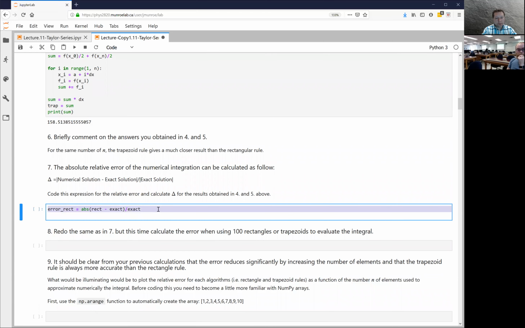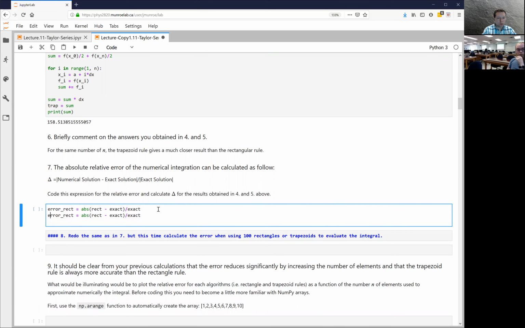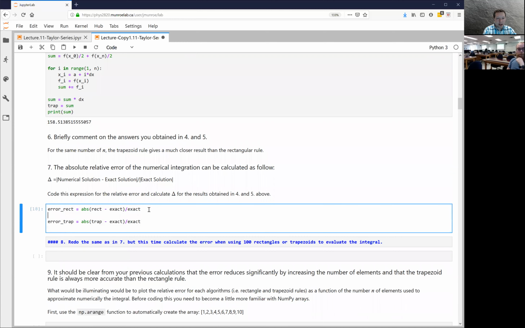Then this piece of code will let me calculate the error in the trapezoid and in the rectangular method. And typically what's nice to do is have some little print statement to make this work out.